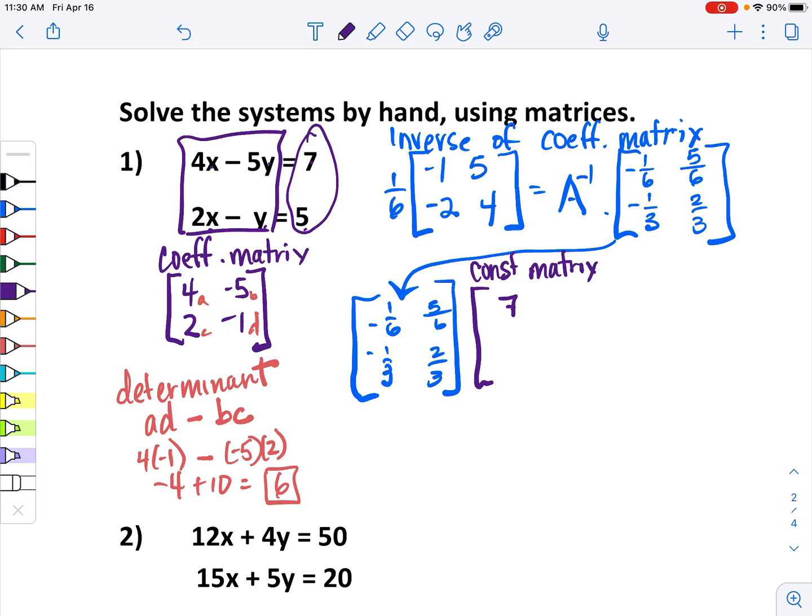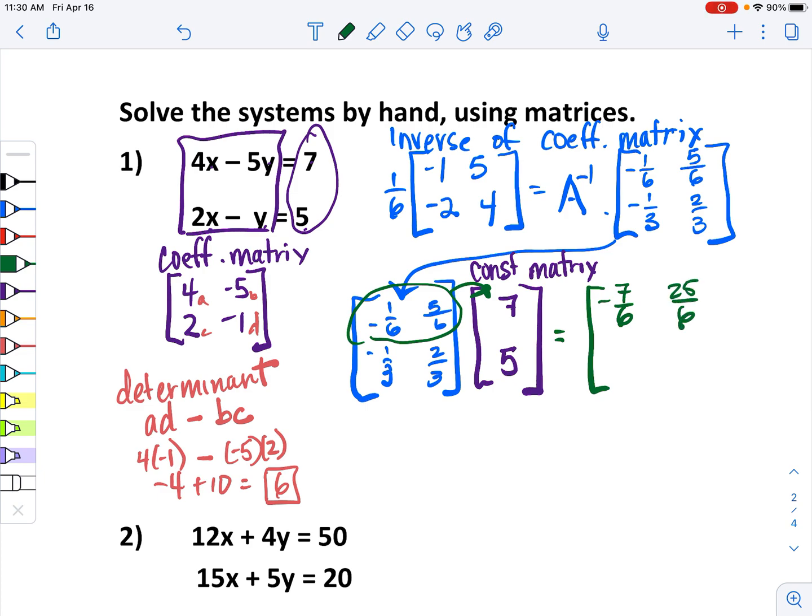Okay, so that's 7 and 5. And when I multiply these, remember when you multiply, you take an entire row times a column. So I'm going to take -1/6 times 7 is -7/6. 5/6 times 5 is 25/6.